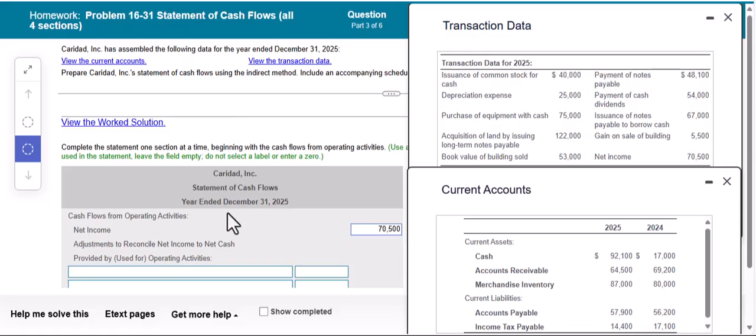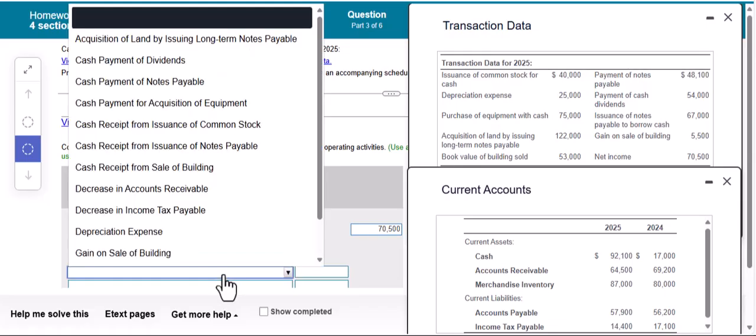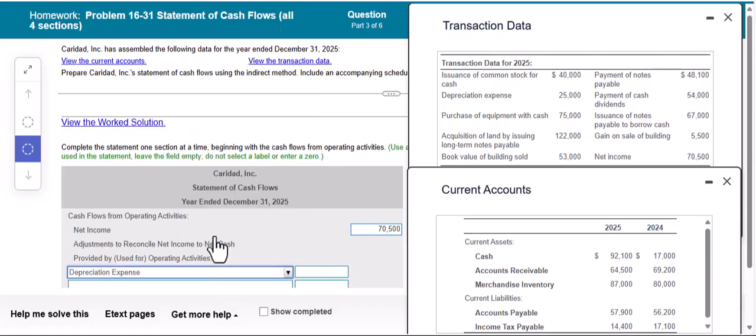And then next up, like we said, we have depreciation expense. So we'll go ahead and add that back in here for the 25,000, which is given to us here. So we can copy and paste that in as well. We're going to add that back in since that is lowering net income, but it does not affect cash.